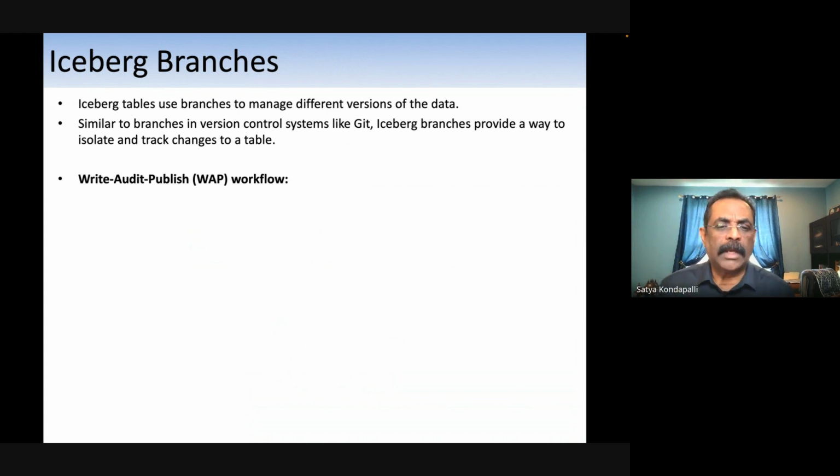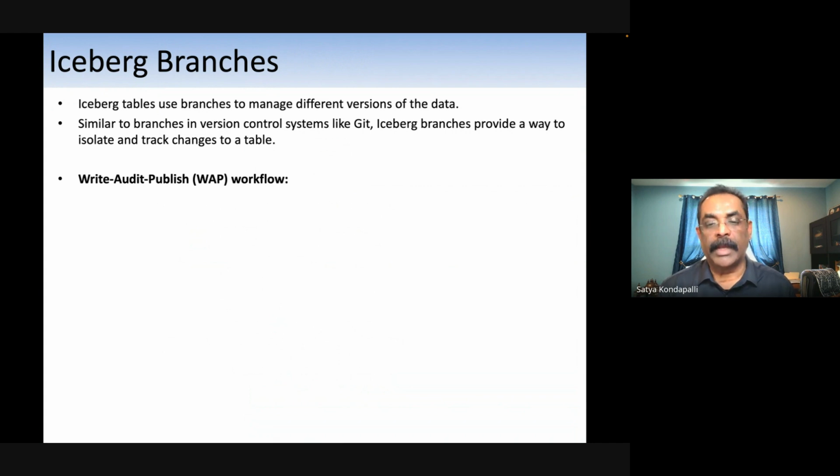So the write, audit, publish workflow is the most beautiful, I would say, thing introduced by Iceberg. So here, all your ETL code, right? You can manage through branches. So historically, what we do is when we load data into a table, while you are loading data into the table, we say, okay, don't run any reports.